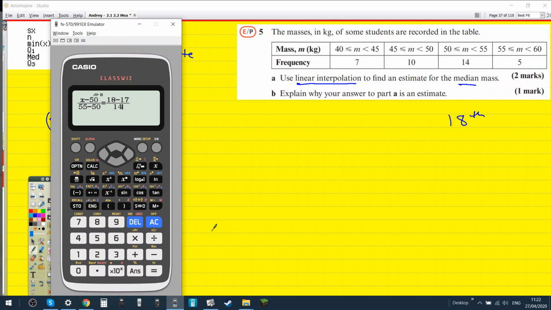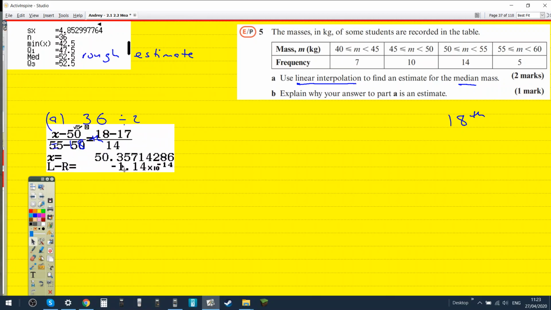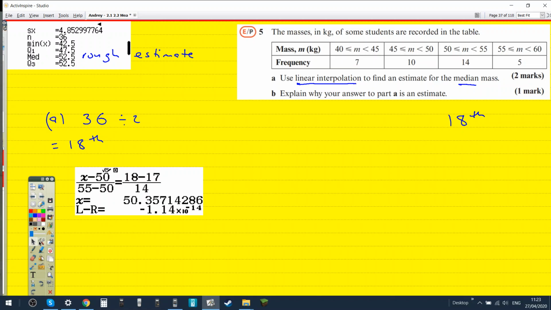So basically it's 1/14 of the way into that group. Okay, solve that one. Okay, I got 50.35, so 50.4. Yeah, so that is 50.4 minutes. And explain why it's just an estimate.